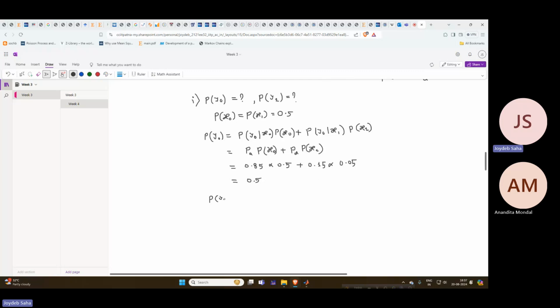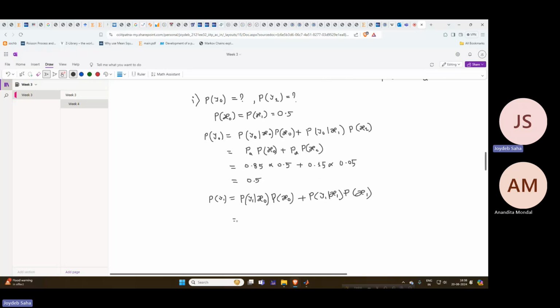Probability of y1 is simply, again similarly, probability of y1 upon x0 into probability of x0 plus probability of y1 upon x1 into probability of x1.